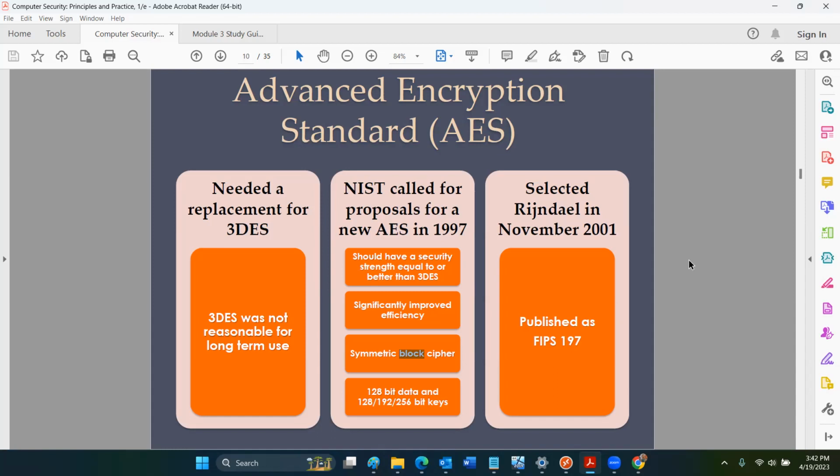DES, AES, triple DES, those are all block ciphers. But since this discipline has been launched, they've come up with algorithms that process streams of ones and zeros instead of discrete blocks.